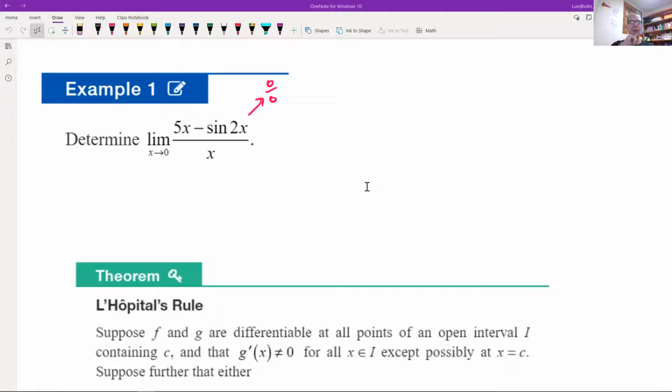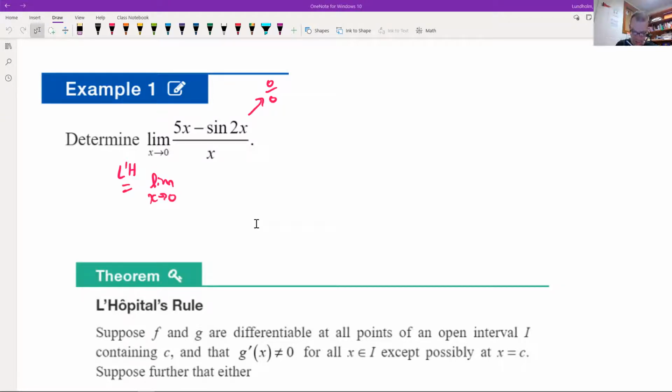Since we are in that scenario, that means we'll be able to employ L'Hopital's rule. And when I'm actually applying it, I like to write a little LH over the top of the equal sign to remind myself that what I'm getting right now has definitely been changed from before.